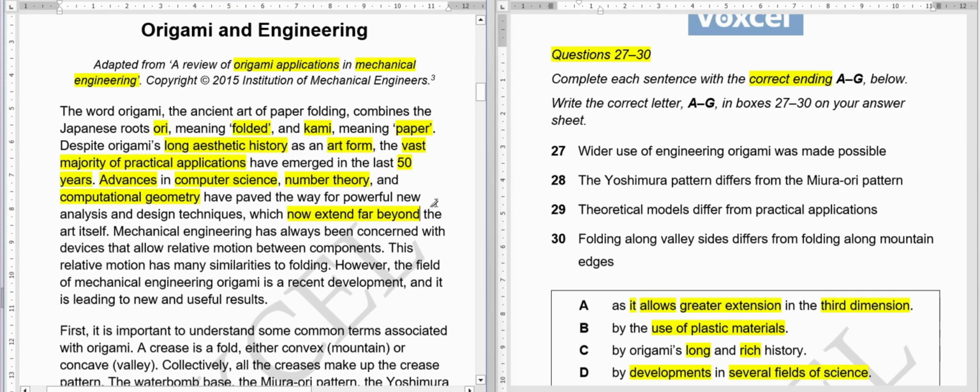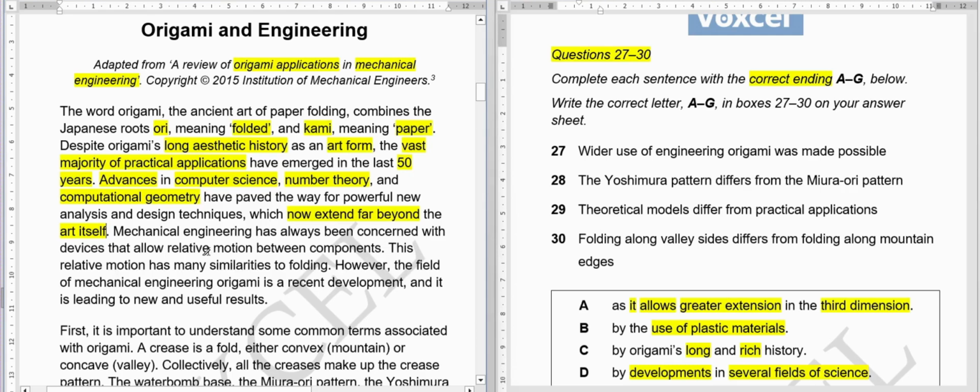Beyond basically means outside the realm of art itself. So it is not only art now, it has exceeded the limitations of art. Now it is used in computer science, number theory and computational geometry as well.